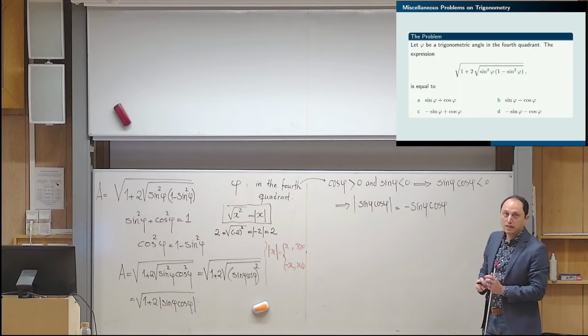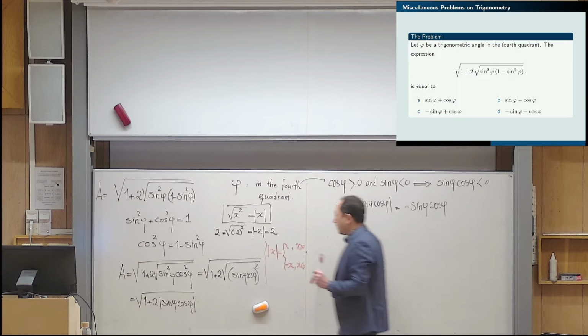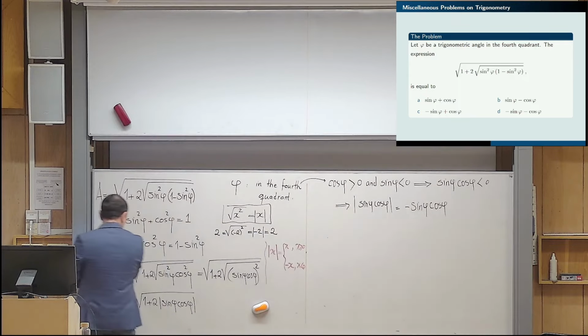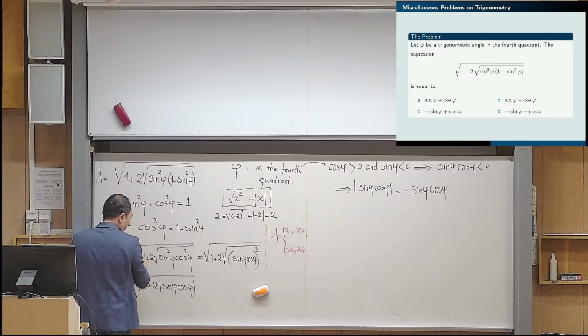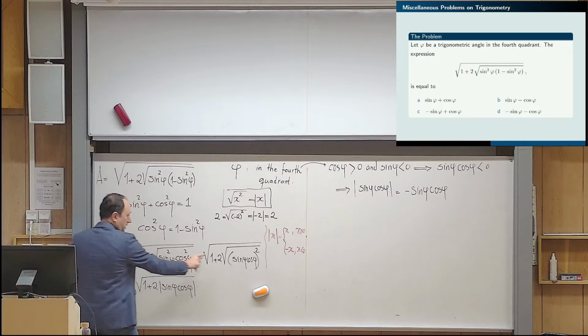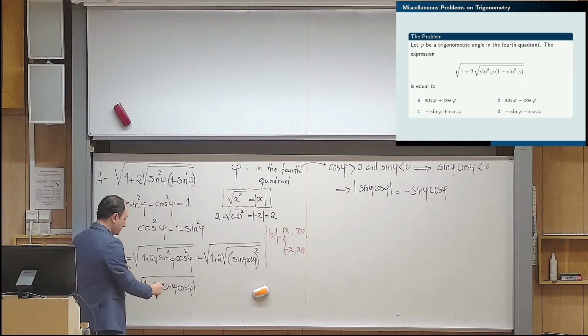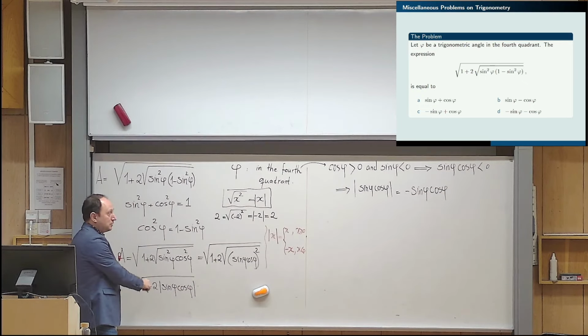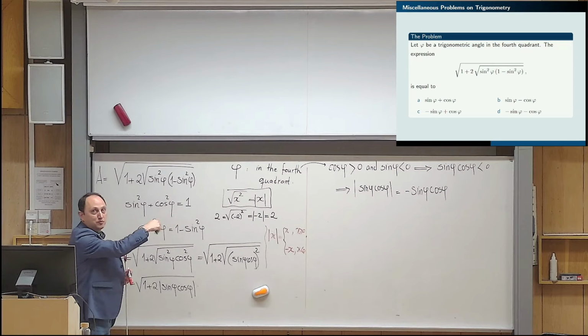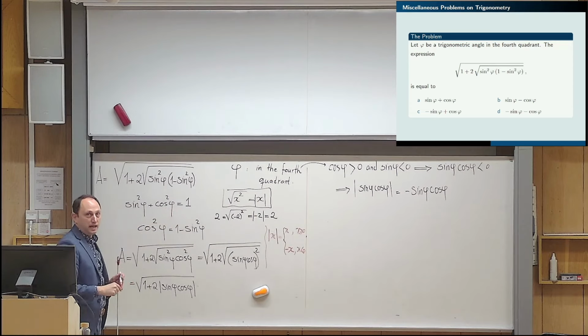That was extremely important. If you naively just write sine phi cosine phi, then you will have a positive sign here, but you know that the correct answer is the same expression but with a negative sign.